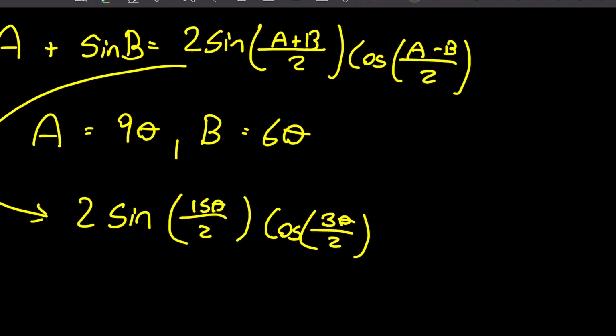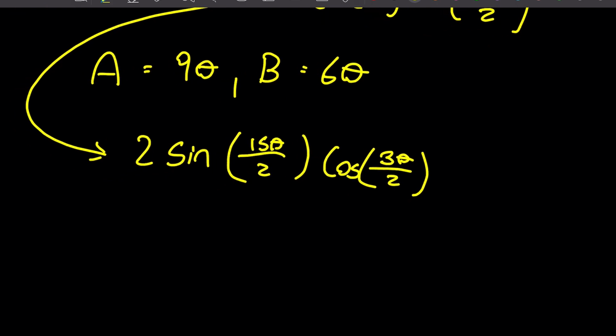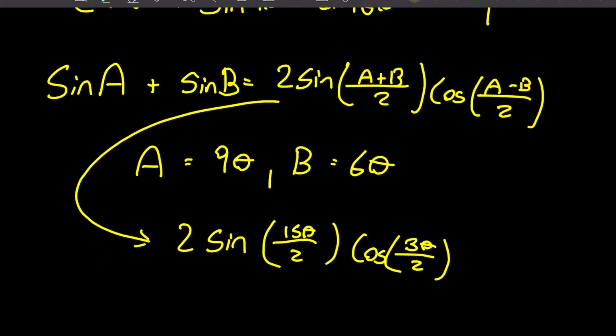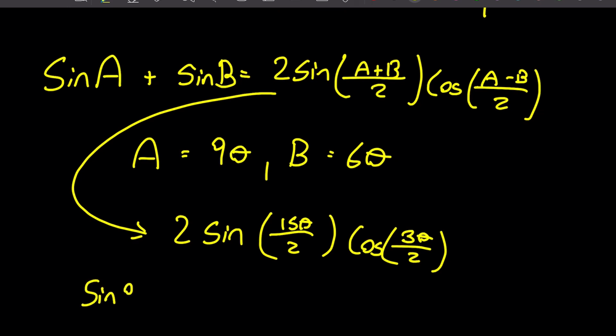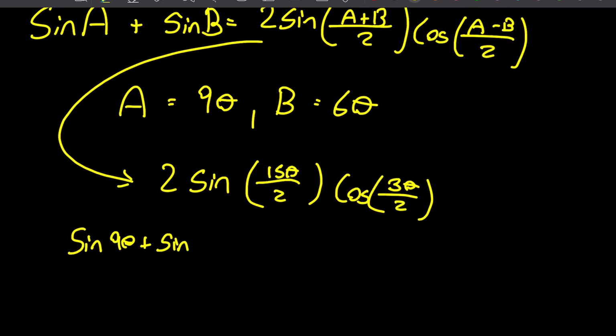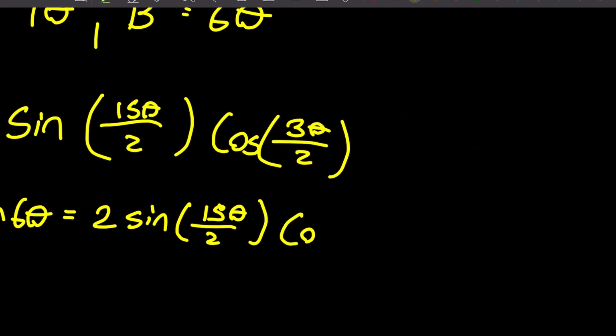Okay? And well, that's essentially it. We just converted what we had before. So we have sine of 9 theta plus sine of 6 theta is going to be equal to 2 times sine of 15 theta over 2 times cos of 3 over 2 theta.